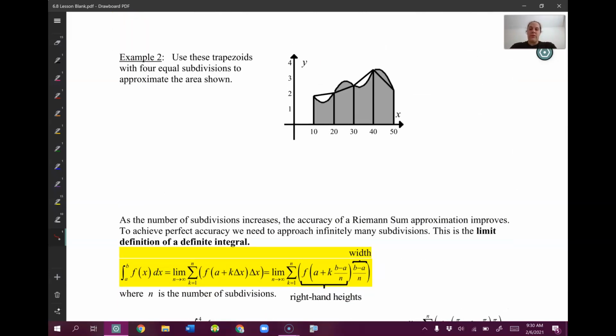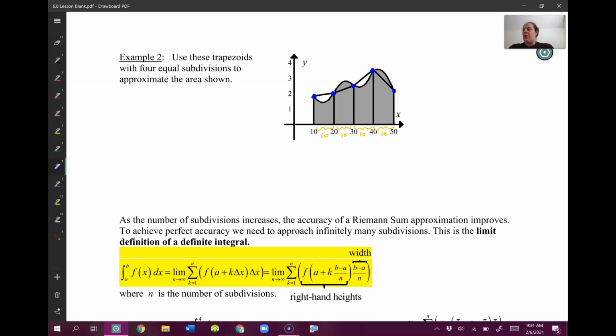Use these trapezoids with 4 equal subdivisions to approximate the area shown. So all of our widths are 10. Our heights are found in the table, but you should have yours right next to each other.